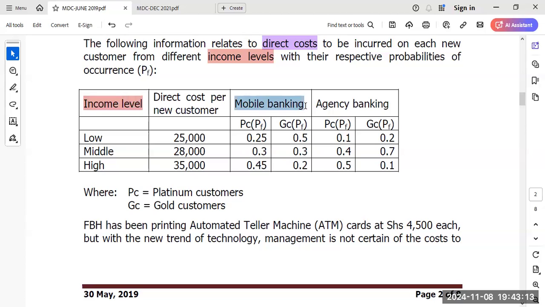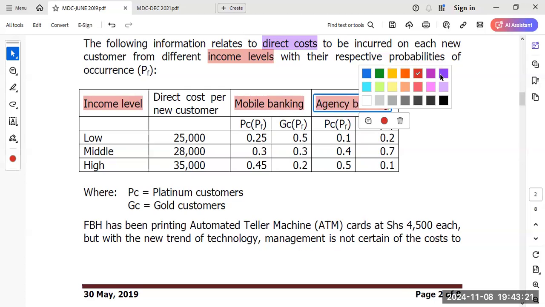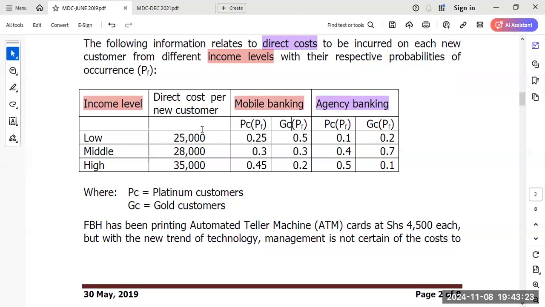You have introduced a new product, mobile banking. You have introduced a new product called agency banking. Now, for every new product, mobile banking and agency banking, I expect customers.